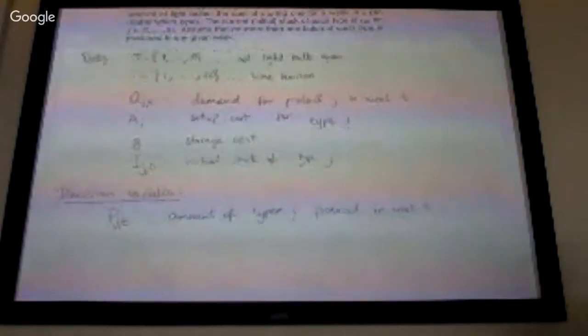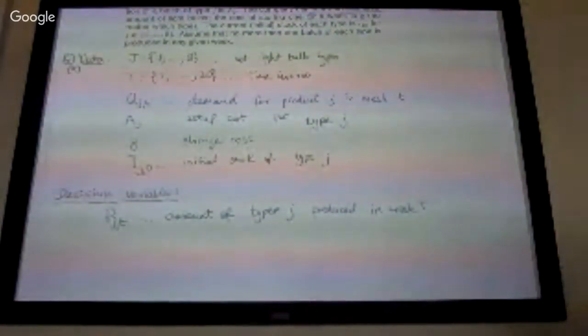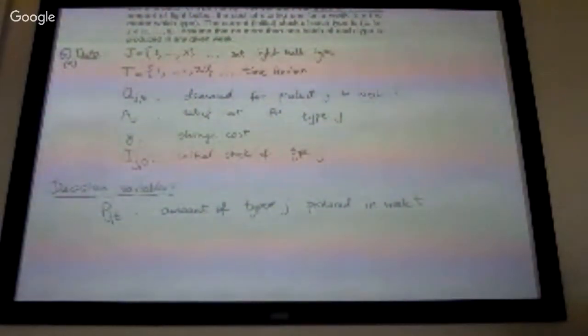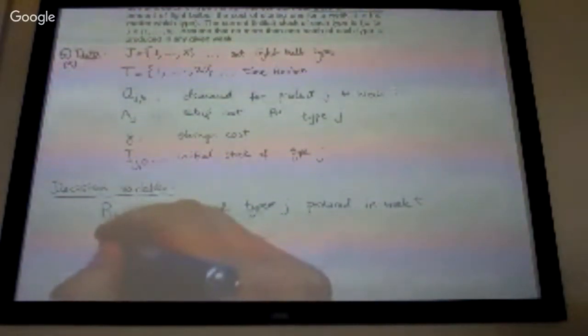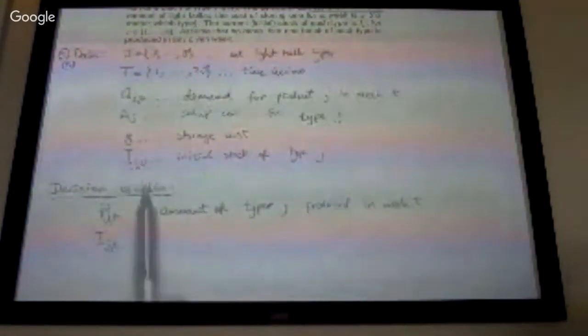And the other ones? Storage. I'll call it I_JT, because it corresponds to the initial one.